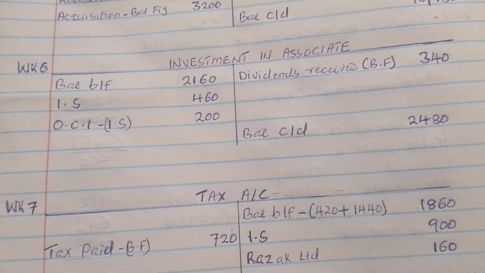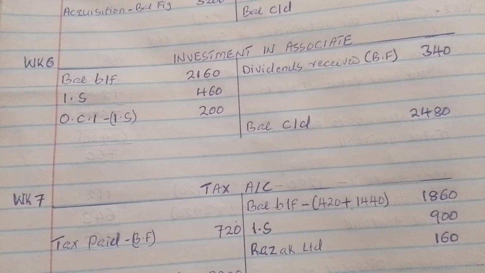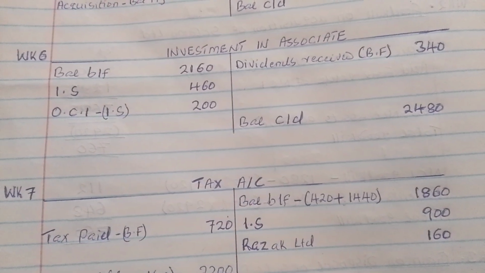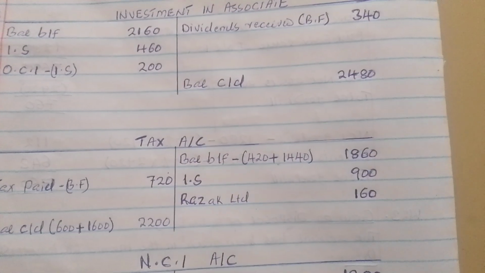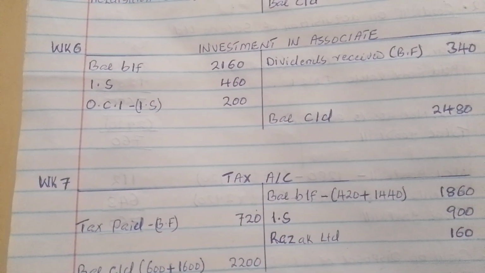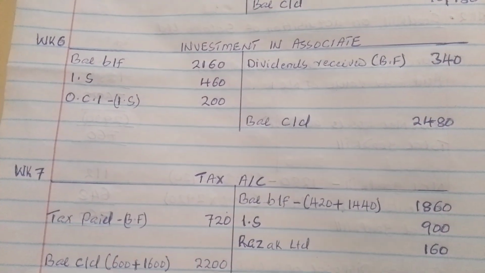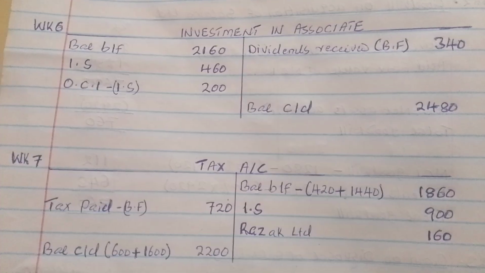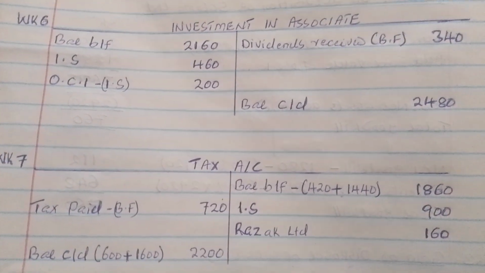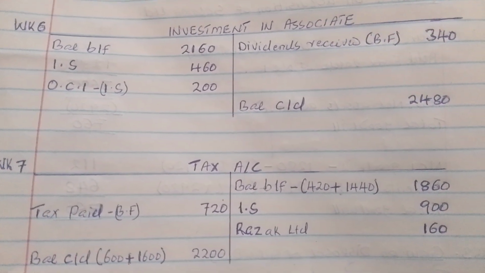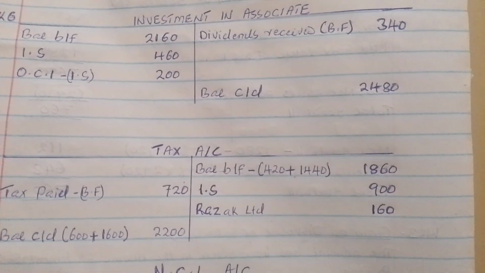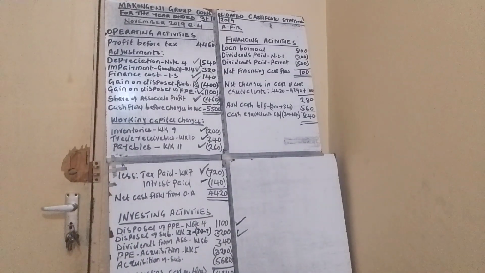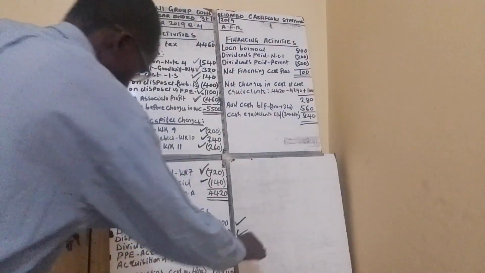There is another amount coming from other comprehensive income, 200. Then the balance carried down. The balance brought forward and the balance carried down, you find them in the statement of financial position. The opening and closing balances have been given. The balancing figure is 340. So working number 6 gives you 340.